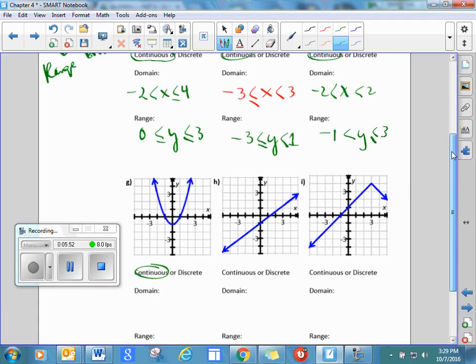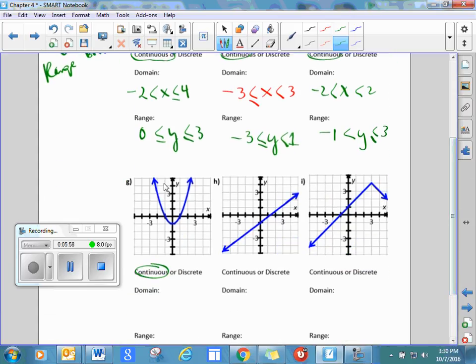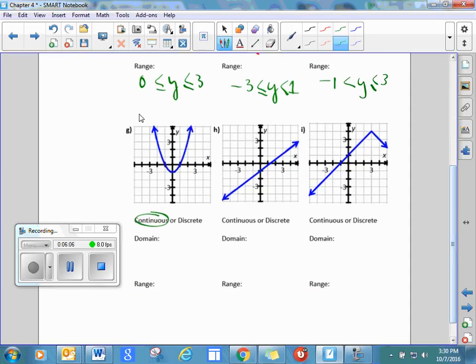Unlike these graphs on the top 3 examples that had an end point and a starting point, this graph is going on forever and ever, which tells me that it is including every single point on the x-axis. Every point on the x-axis will ultimately be a part of this graph. So if that's the case, there are no points excluded, and we can write the domain as all real numbers.